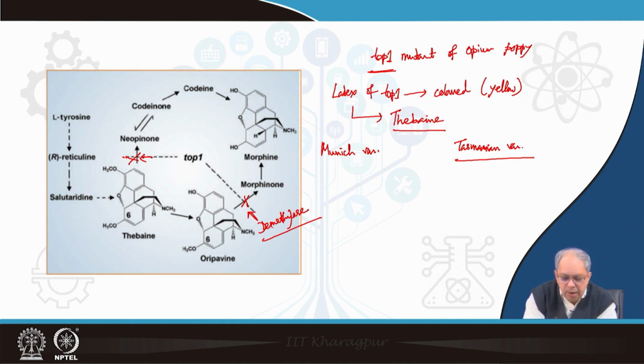Similarly, if this oripavine to morphinone step is a 6 demethylase, the similar demethylase also operates in the Munich variety. So, if such varieties are used for making the mutant, there also this step will be blocked. That means thebaine cannot be further converted into codeinone via neopinone.